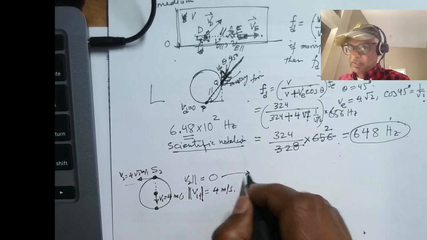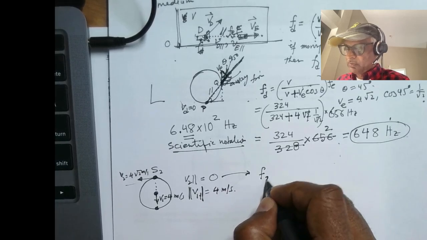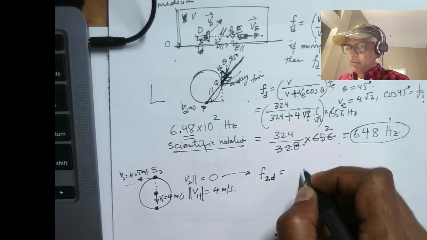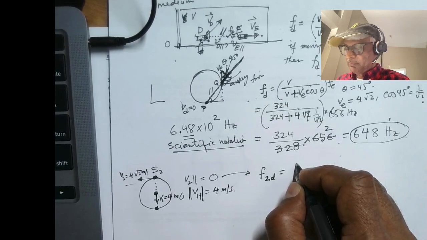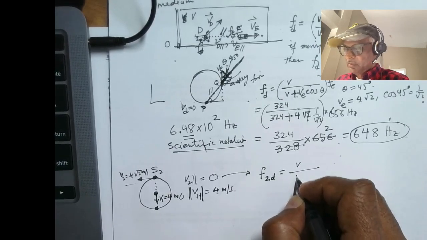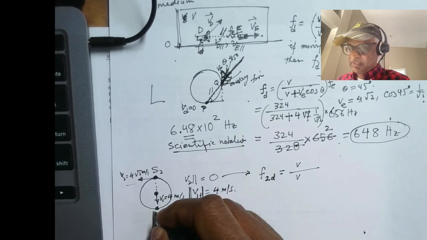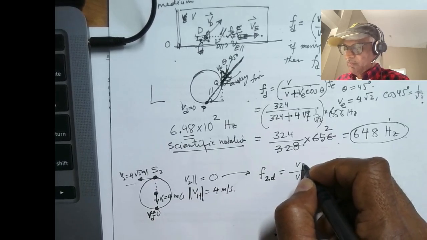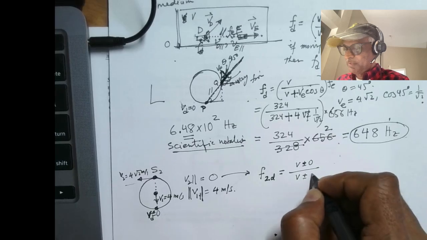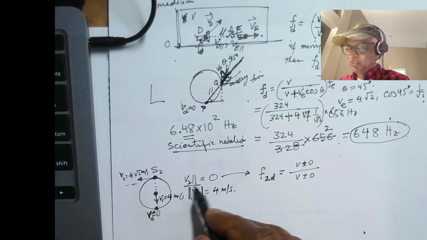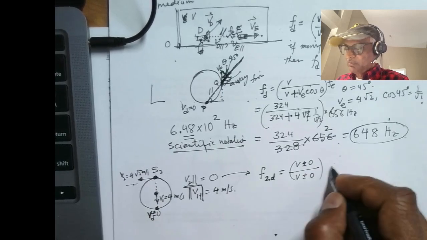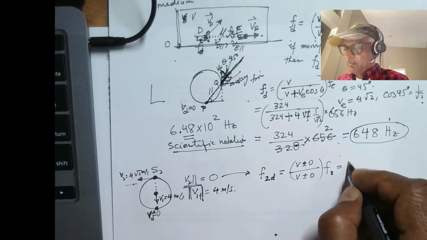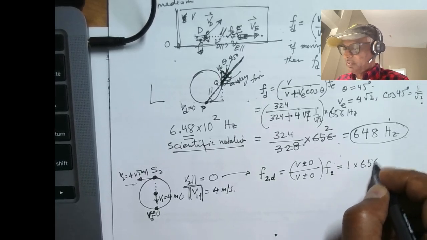So this will create a sound F2 at the detector, which will be v over v, and of course this detector is 0, v sub D is 0, so v plus minus 0, and V2 parallel is 0, times F2, which is 1 times 656 hertz.